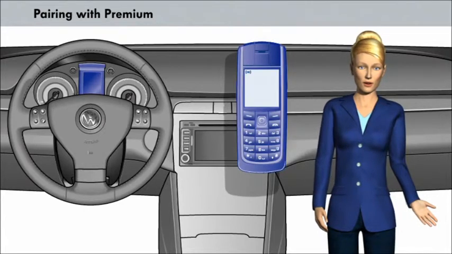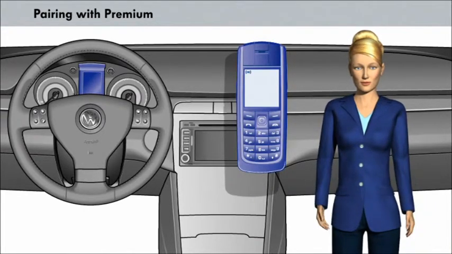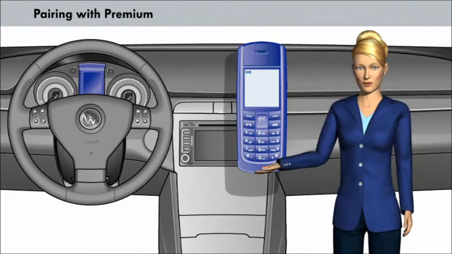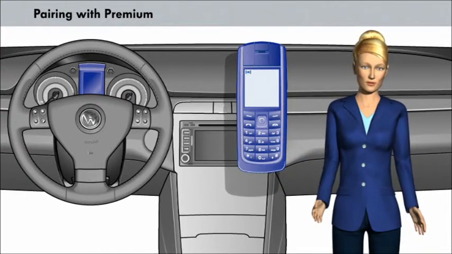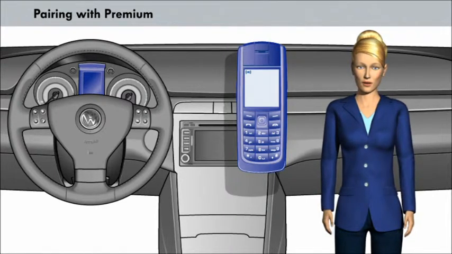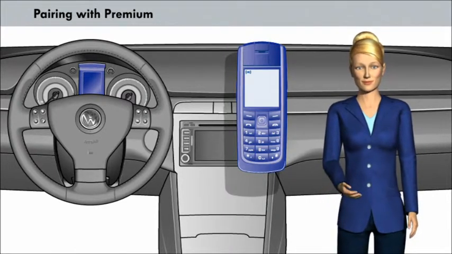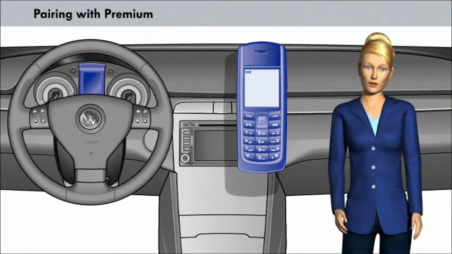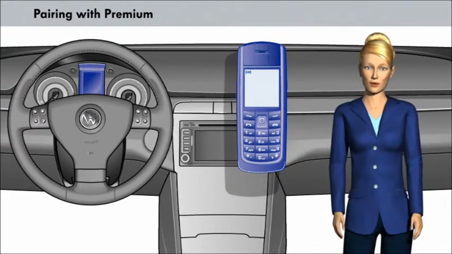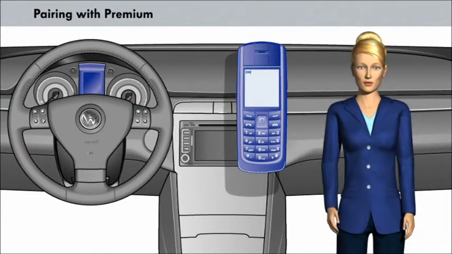The mobile telephone provision premium is, in combination with a Bluetooth mobile telephone and the RNS-510, a convenient car telephone system. The mobile telephone must conform to the Bluetooth Remote Access Profile, or RSAP for short.